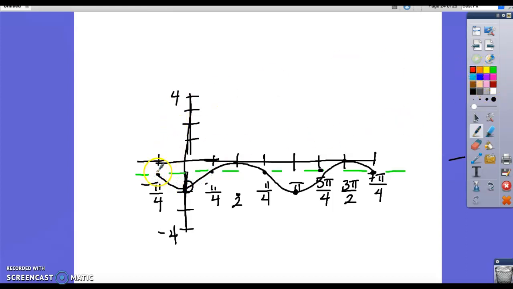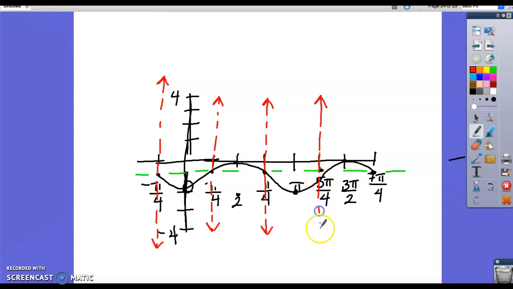Remember that everywhere sine touches the midline, I've got an asymptote. So here are all my asymptotes.